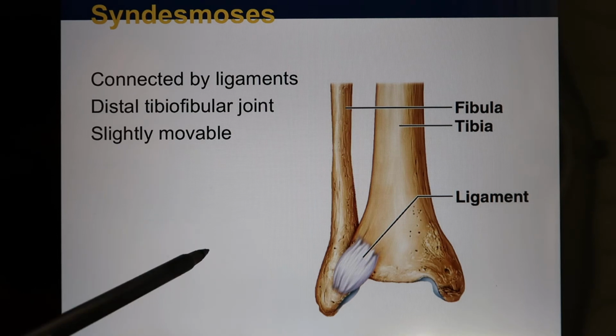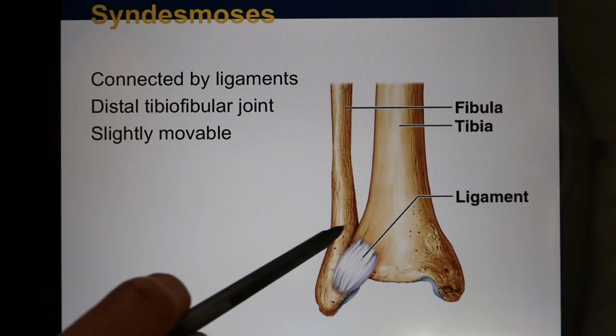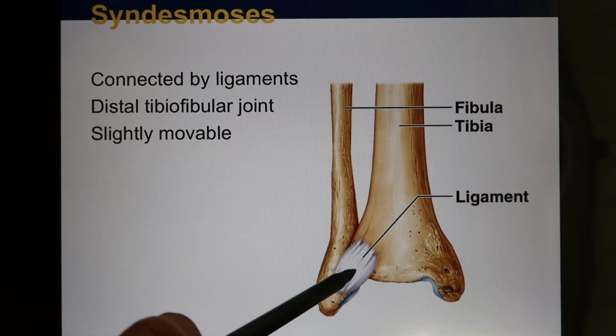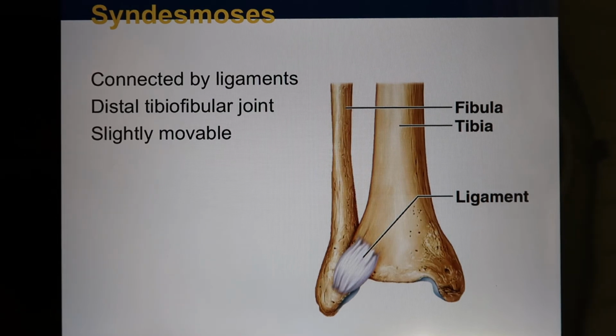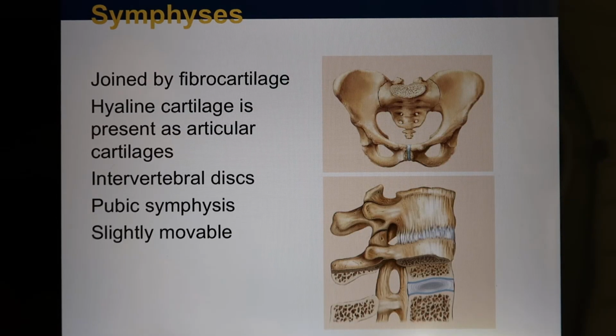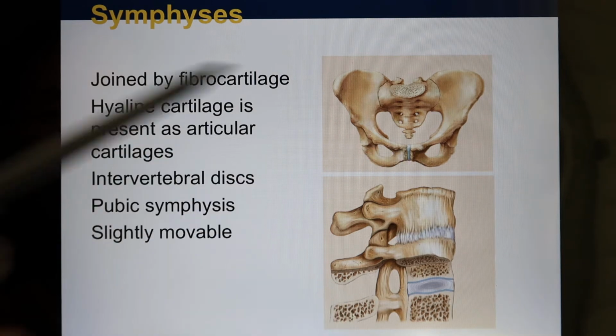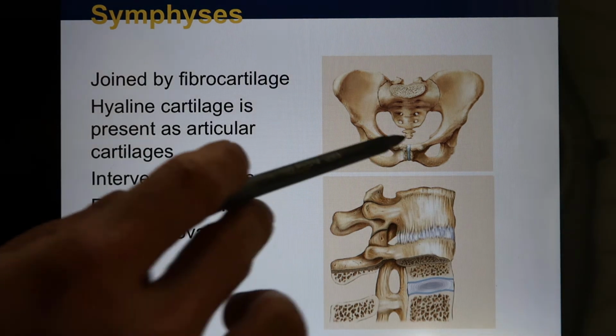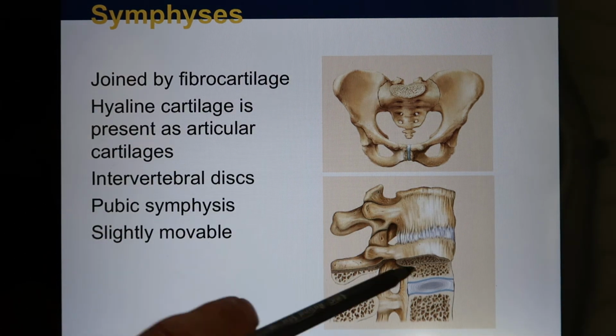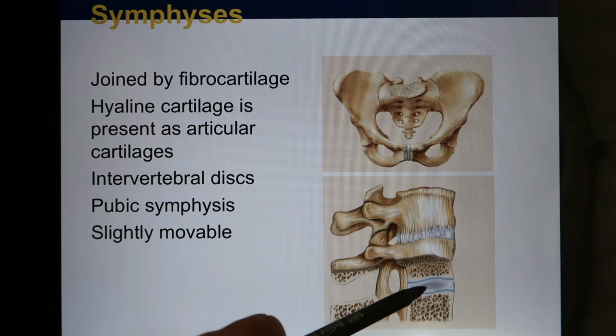Example, between your tibia and fibula, you put the ligaments and they can move a little bit, so slightly movable. Symphysis, that's another example, like your pubic symphysis between your two pelvic bones, and you put the cartilage there, and also between your intervertebral discs, and these are slightly movable.